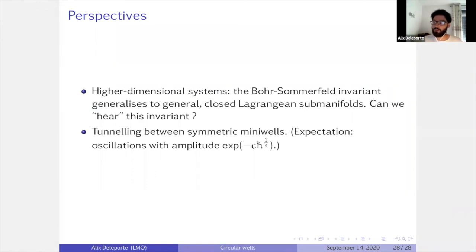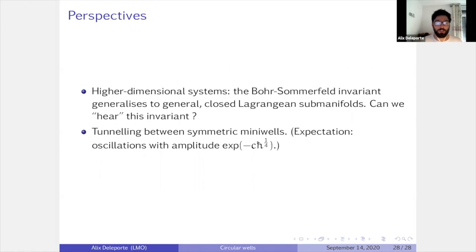Can we hear this invariant as some kind of periodicity in the low energy spectrum? And for this to happen, does the system need to be integrable, or can we also hear this on non-integrable systems?